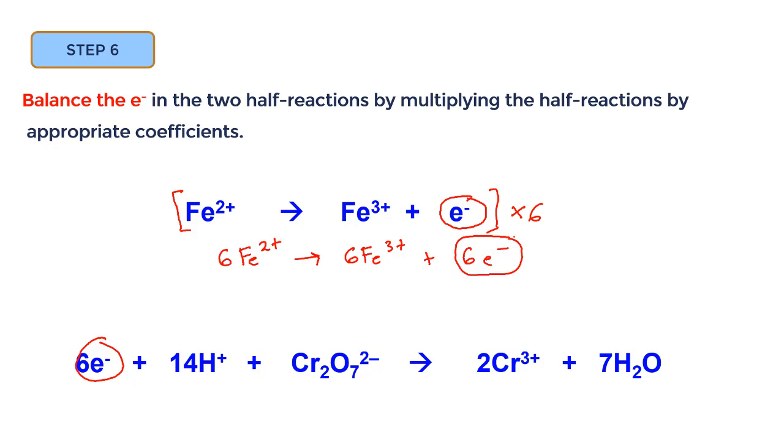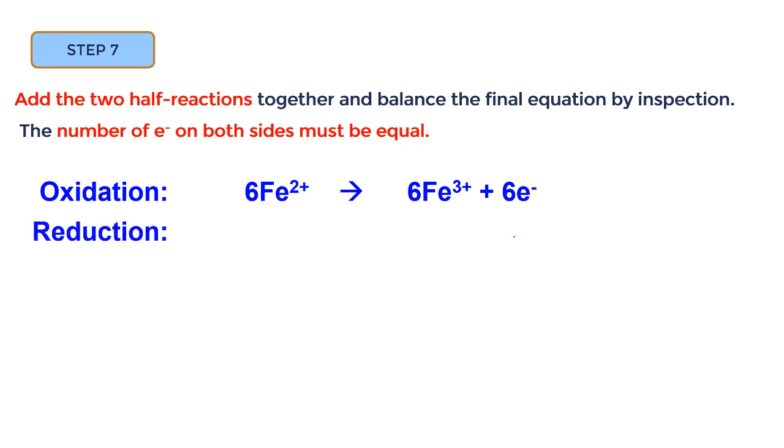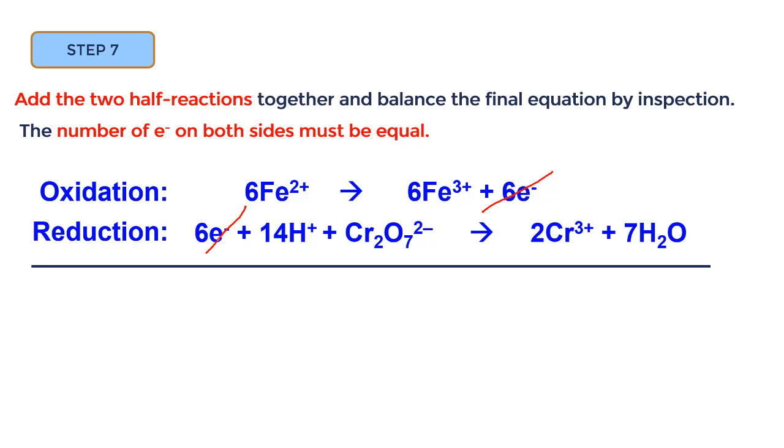Next step, step number 7. Add the two half reactions together and balance the final equation by inspection. The number of electrons on both sides must be equal. Alright, so this is the half equation for the oxidation reaction, and this is the half reduction equation. Since the number of electrons are equal, we can cancel out 6 mole of electron in order to get the overall equation.